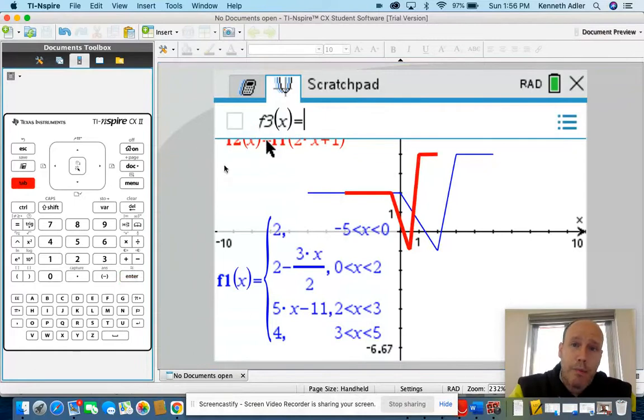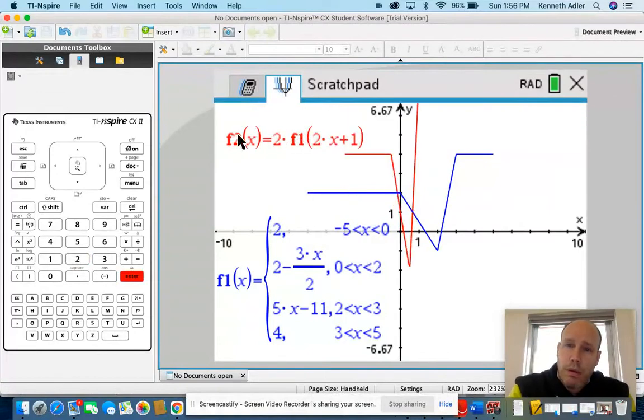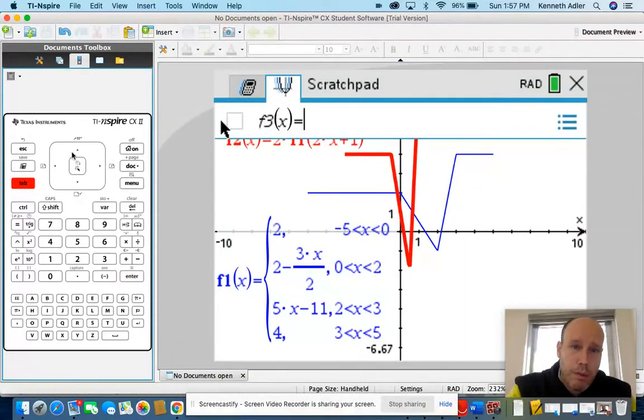Let's go tab, up. There's a negative in there. Well, actually, it's times 2, so it's a vertical stretch by a factor of 2. Next, there's that minus sign. Let's put that reflection in there, tab, up. Let's get the negative in there.